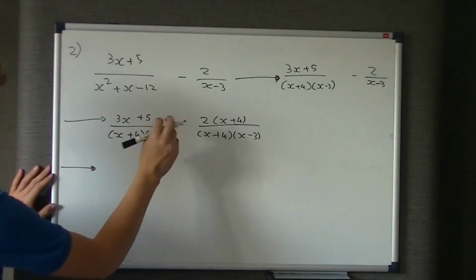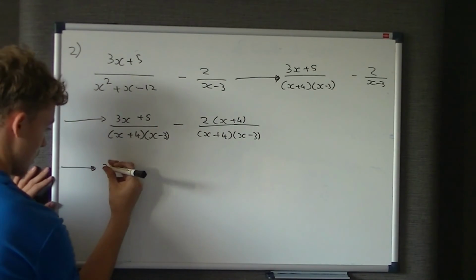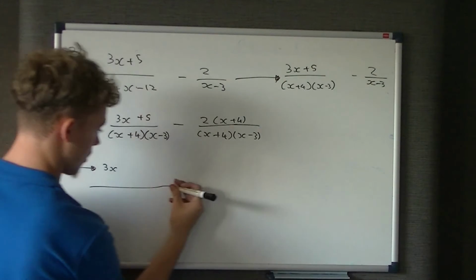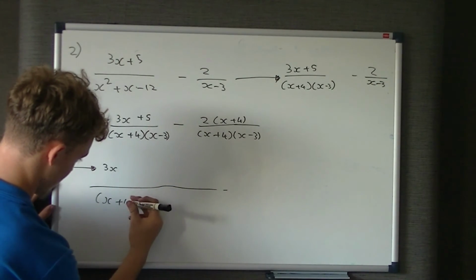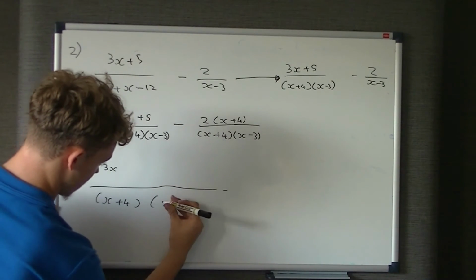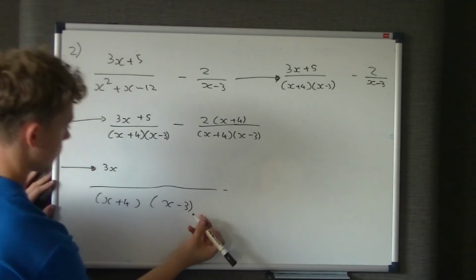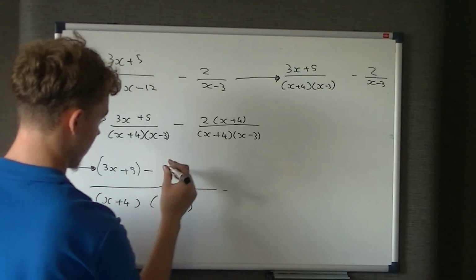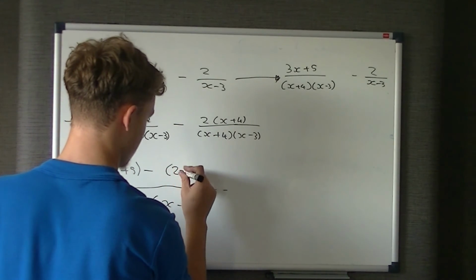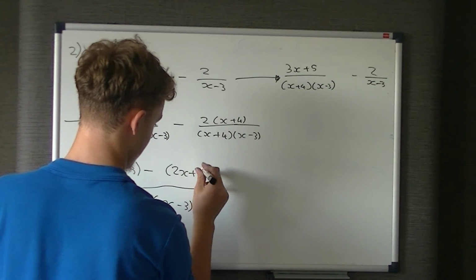Now we're going to expand this, after I've done that step and put it over one bracket. Sorry, my writing is a little bit pants today. X take 3, so we can just assume one big equation, 3x plus 5. Remember, don't forget the brackets, so it's going to be 2x plus 8.